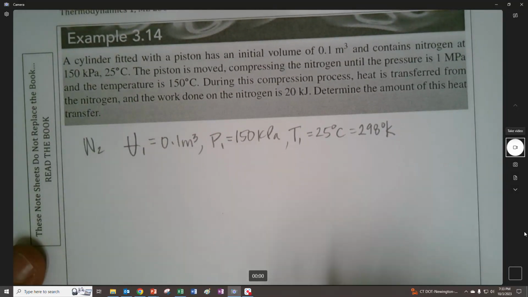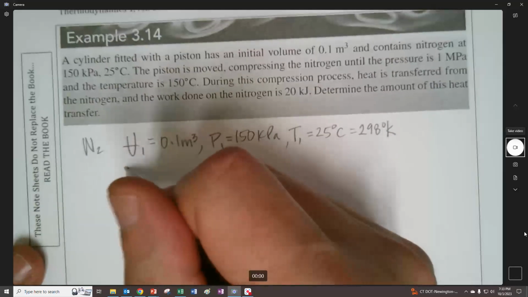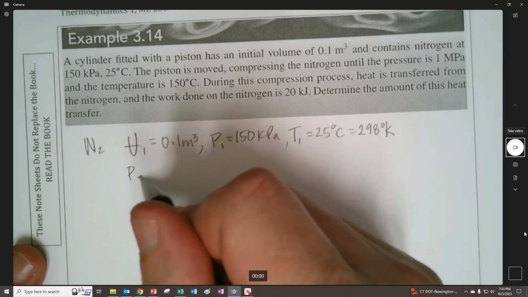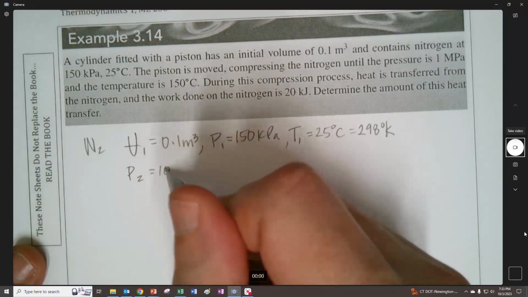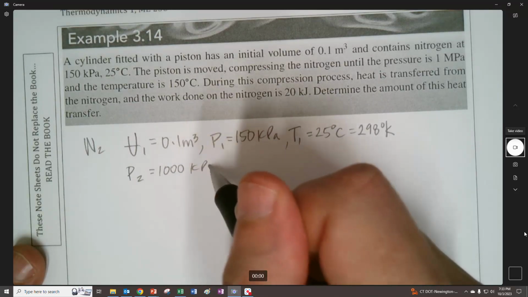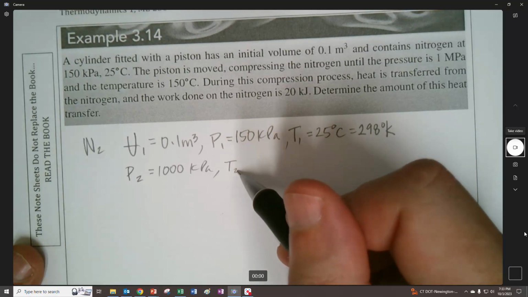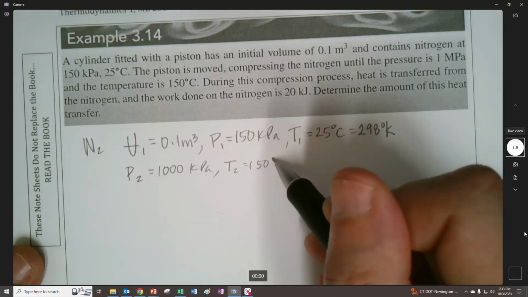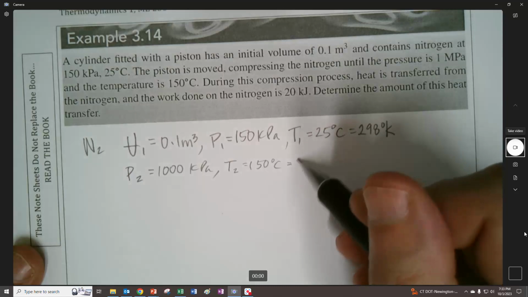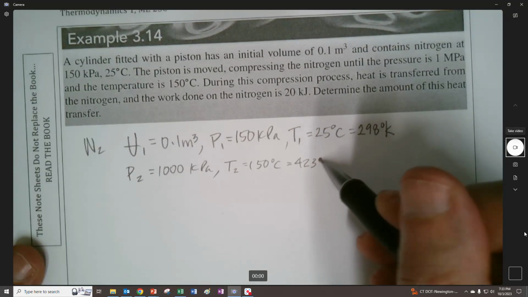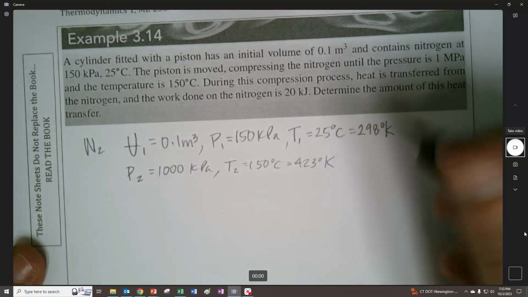At state 2, we don't know the volume, but we do know the pressure, 1,000 kilopascals. The temperature at 2 is 150 degrees Celsius, which comes out to 423 Kelvin, if we need it.